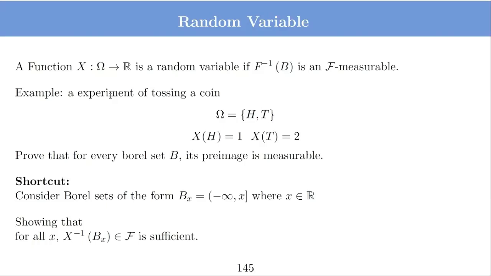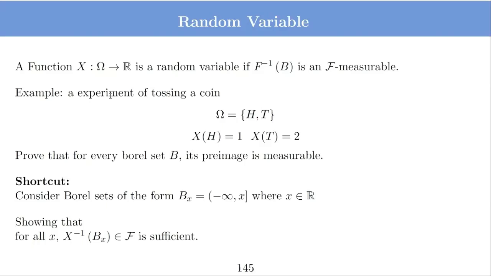So you take different x and you can get different Bx, which are in this form. And if you can show that for every x, the pre-image of these sets Bx is in F, then that's a sufficient condition. You don't have to prove it for all countable unions or every possible interval.